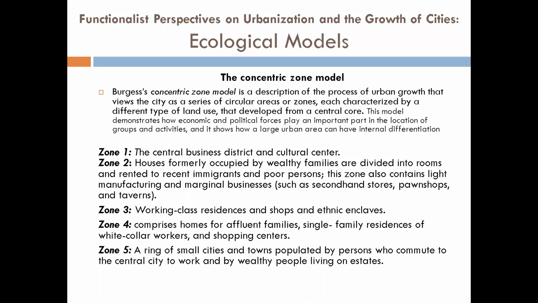Burgess' concentric zone model is a description of the process of urban growth that views the city as a series of circular areas or zones, each characterized by a different type of land use, that develop from a central core. We will show you the picture of this concentric zone model by Burgess. This model demonstrates how economic and political forces play an important part in the location of groups and activities.